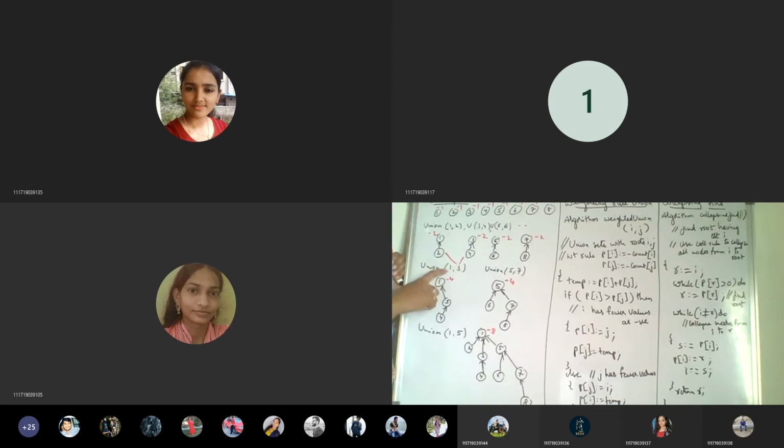Why not 3 parent and 1 child? It can be, because both weights are the same: both have 2 nodes. So no issue. Whatever is first, we write 1 comma 2, and to that 3 comma 4 will be attached in order to make the union of 1 comma 3.